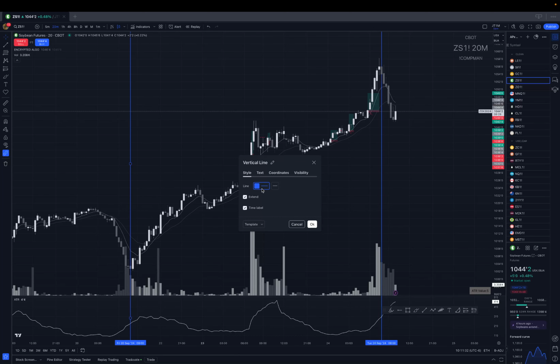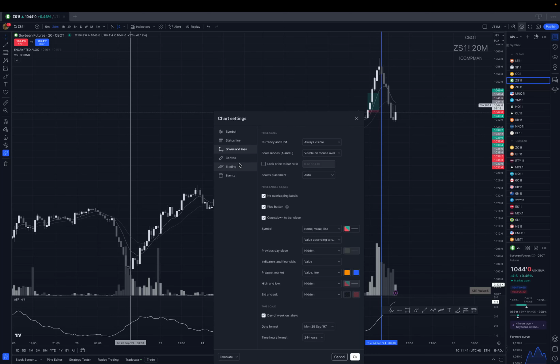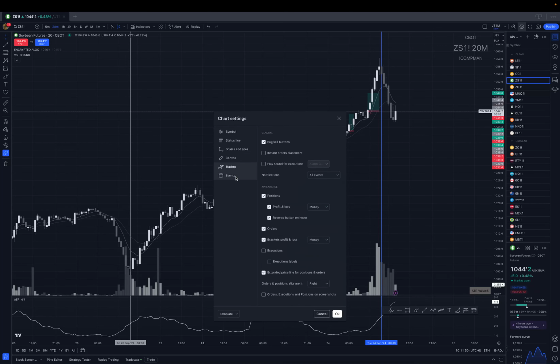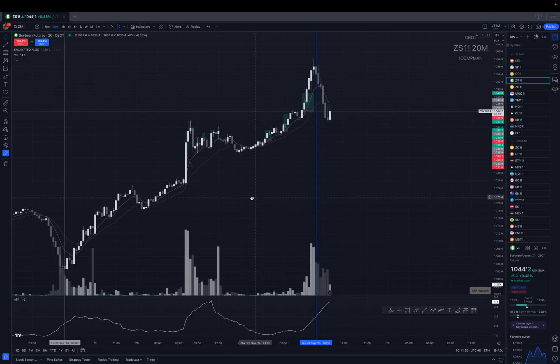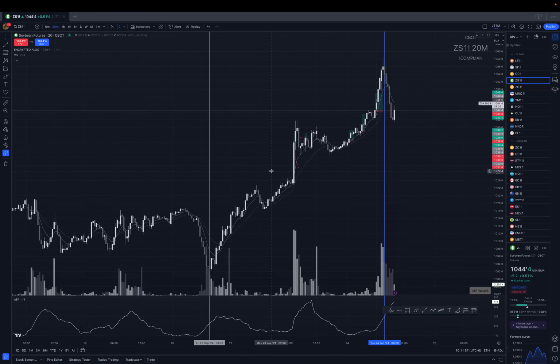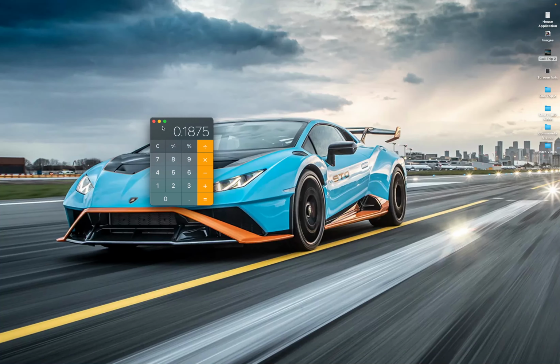Even like these, we'll make them gray or something. And then we'll do, there we go. This looks a lot cleaner. I like the black and white. So give me a quick second and we can continue. We'll start a quick little back test here.